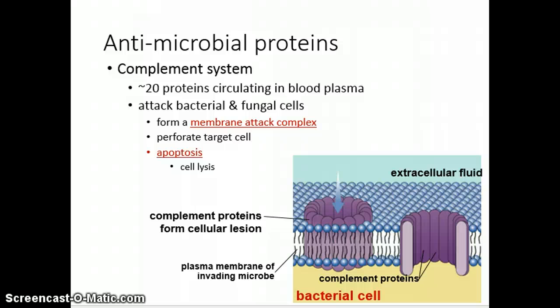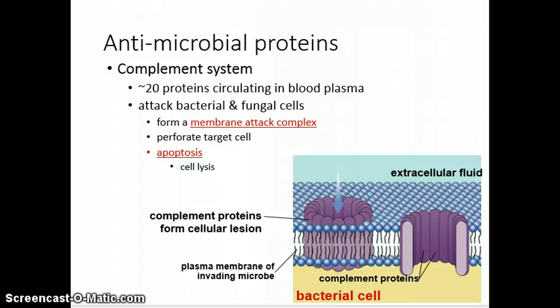And these consist of about 20 to 30 proteins that circulate in the blood plasma. And they're inactive as they circulate around. But once they come across the surface of a pathogen, they become activated. And what will happen is a cascade of biochemical reactions that leads to the lysis of the invading cells.